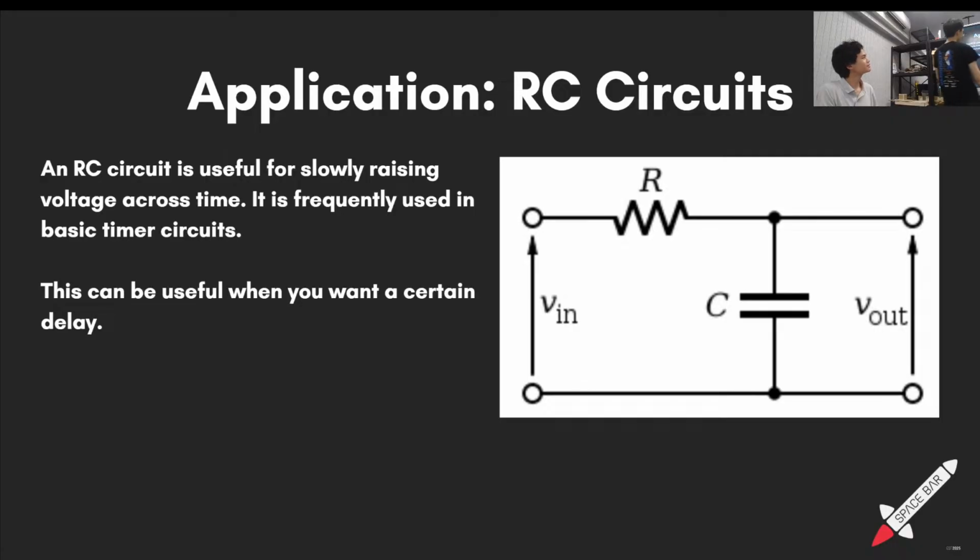And usually there is a point where it reaches, okay, let's rename this to 6 volts for easier calculation. So there's a point where this becomes 4 volts. Why 4? Because of the time constant, which is R times C. So you multiply these two together, you get a constant in seconds.